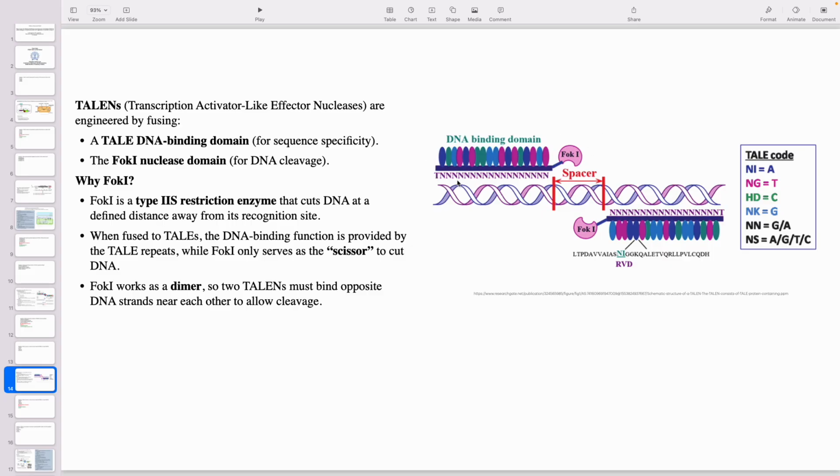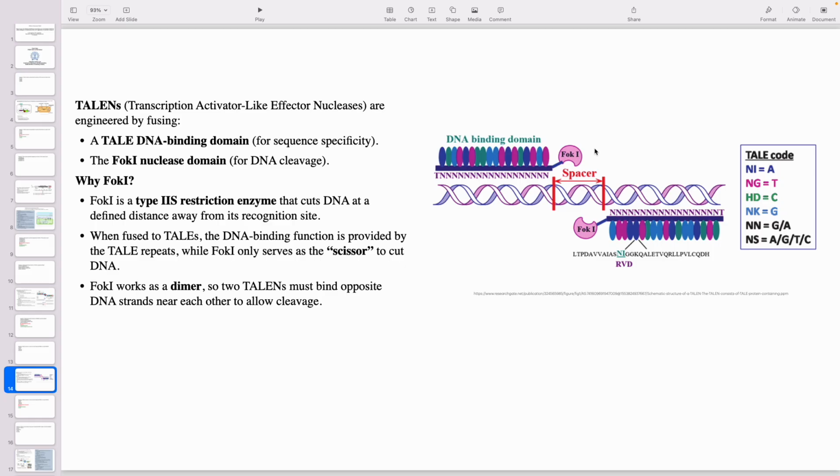Each repeat binds to one DNA base pair. So to make a TALEN protein, it is fused with an endonuclease, which is FOK1 endonuclease.